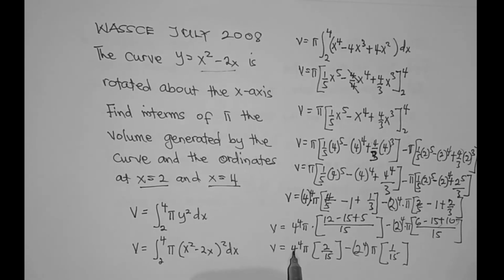Now this 4 exponent 4, 4 can also be written as 2 exponent 2. So then this is 2 exponent 2 times 4.